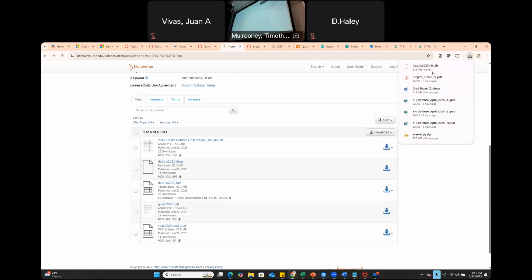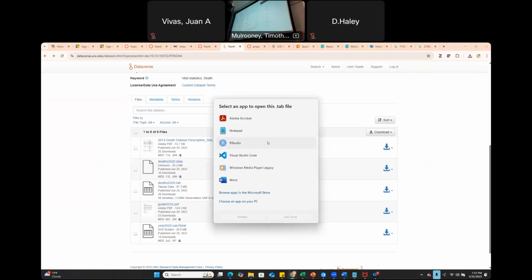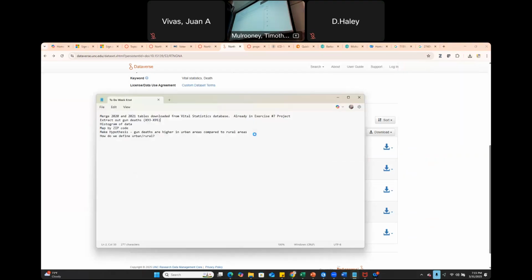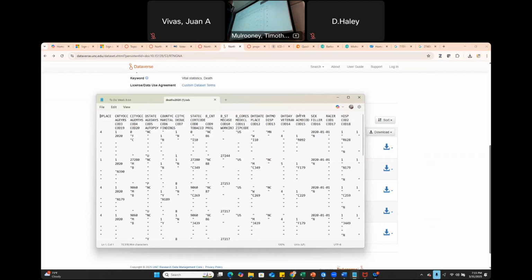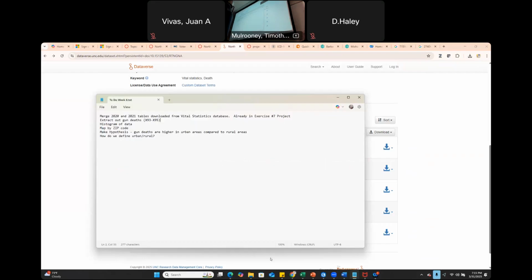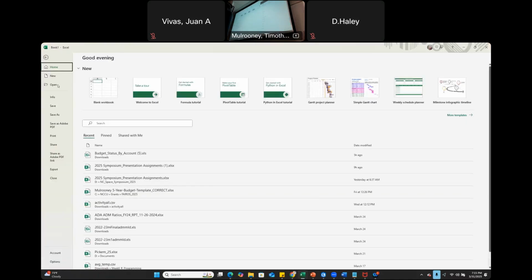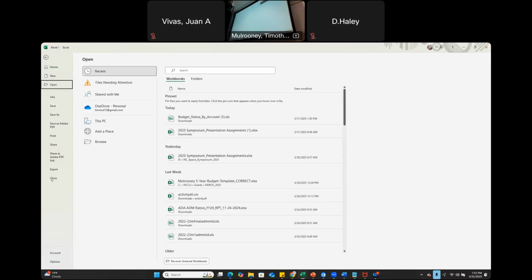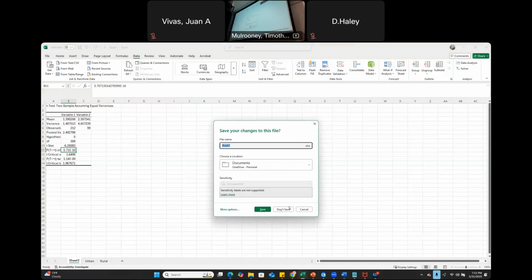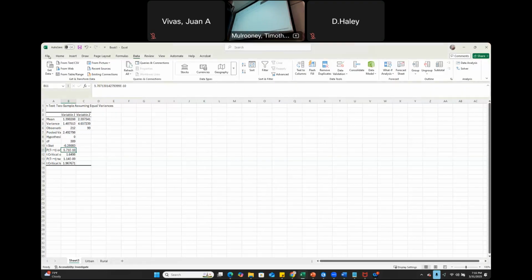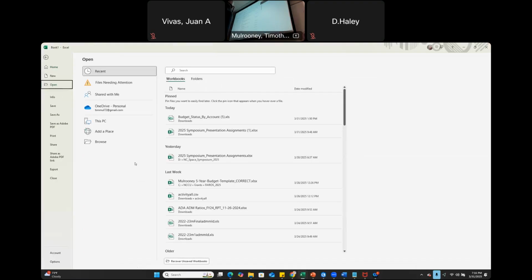But when I download these tabular data, this is what it looks like in Excel. You can see little tabs here, but I bring the 2020 deaths in. It's going to look really slick, really quickly. I swear it's going to look really slick.